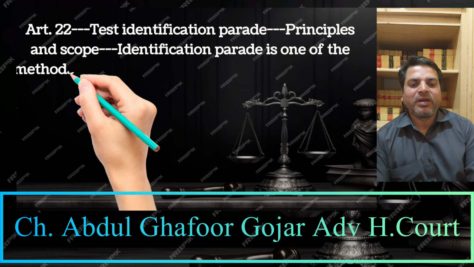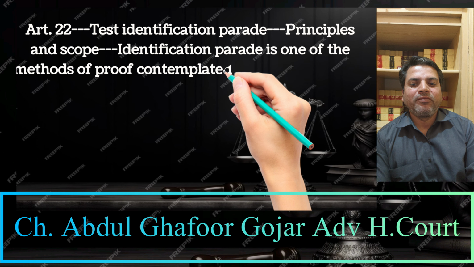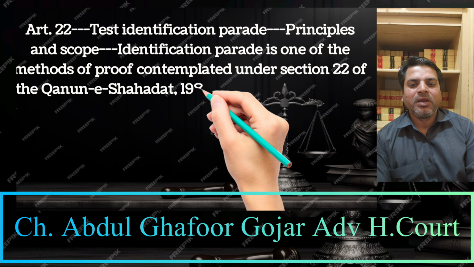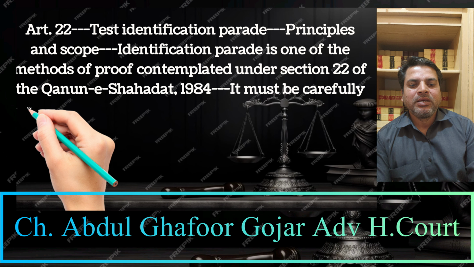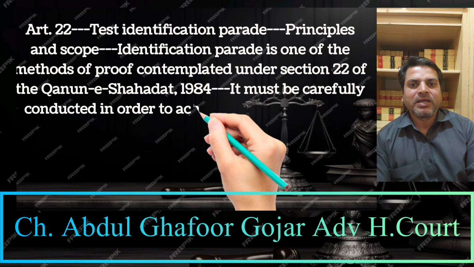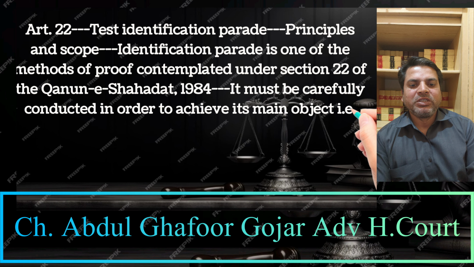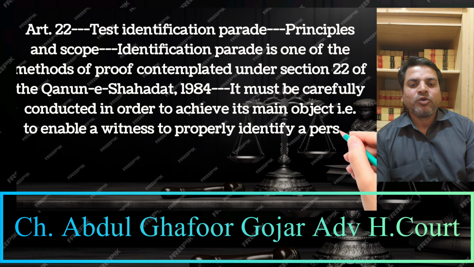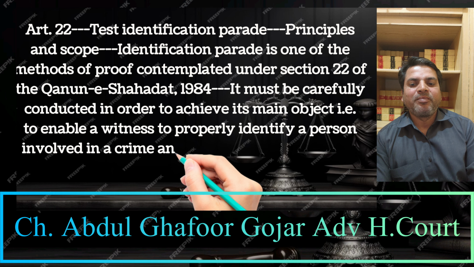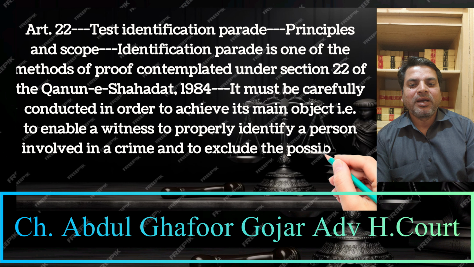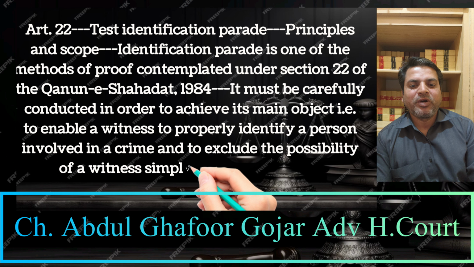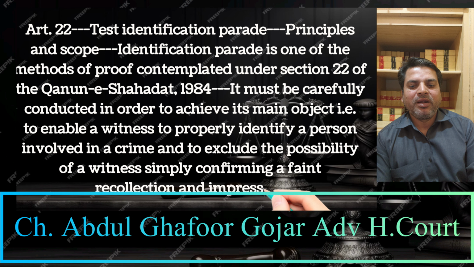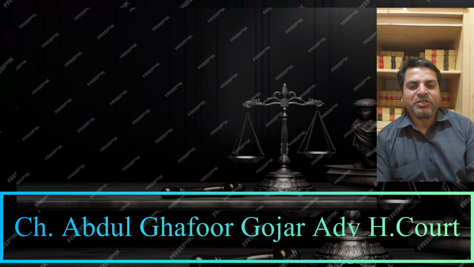Identification Parade is one of the methods of proof contemplated under Article 22 of Qanun-e-Shahadat. It must be carefully conducted in order to achieve its main object, i.e., to enable the witness to properly identify a person involved in a crime, and to exclude the possibility of a witness simply confirming a faint recollection and impression.